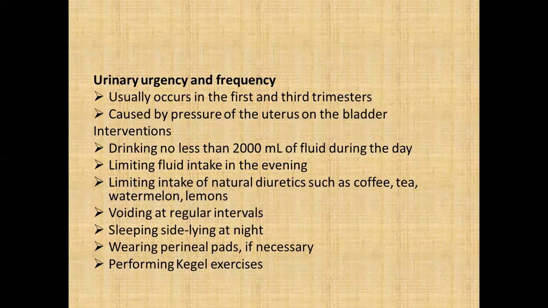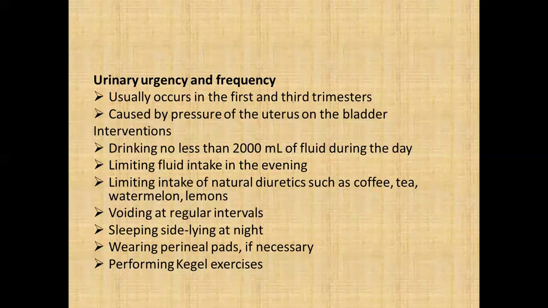Coffee, lemon, they can all cause the individual to produce a lot of urine. So when someone is pregnant and you want to limit the frequency of urinating, these are some of the natural fluids that the person would have to avoid.